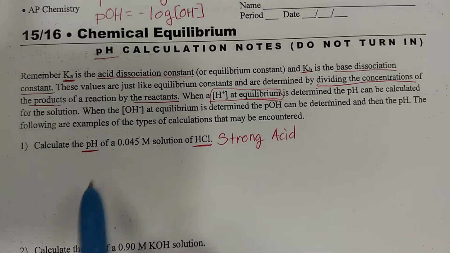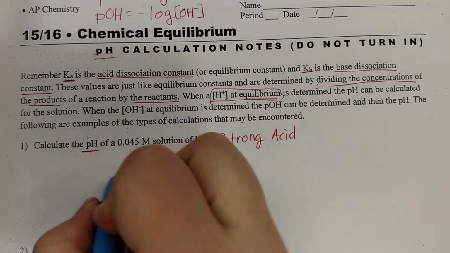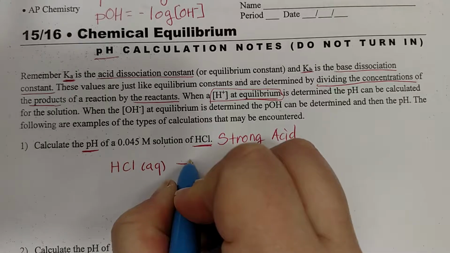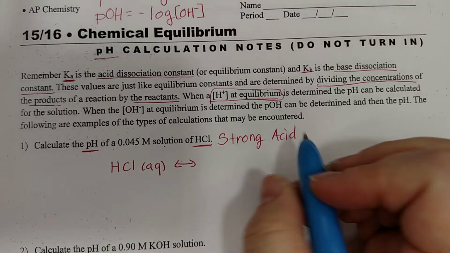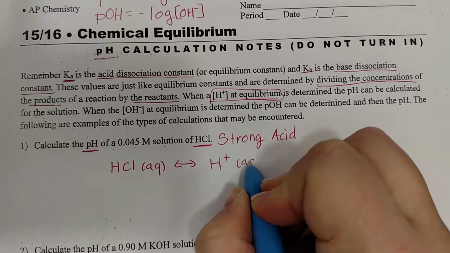So the next thing we have to do is actually create a reaction for this. Now we don't have really a reaction happening between two chemicals, we just have a solution of HCl. So that means that HCl is aqueous, and we want to look at how that chemical is breaking down into its ions. So when hydrochloric acid breaks down, we get the hydrogen ion.